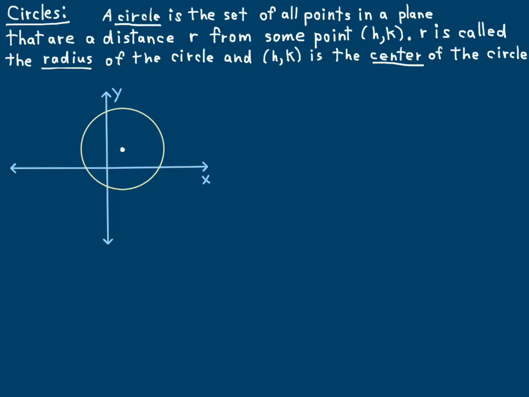So because this definition has to do with distance, the distance from the center to any point at all on the circle is exactly r. And r is given by the distance between that point and, say, that point. The distance is given by the distance formula.